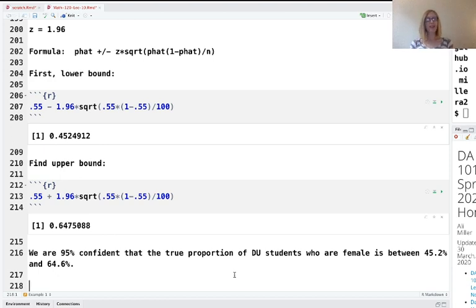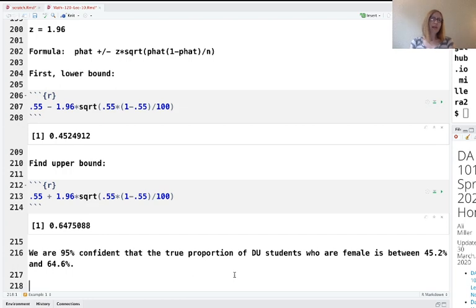Yay! We started with only information about the sample, but now we're saying something about the entire population. I know there's no reason to expect that the whole population is going to be exactly equal to our sample result, 55%. That's just random chance.